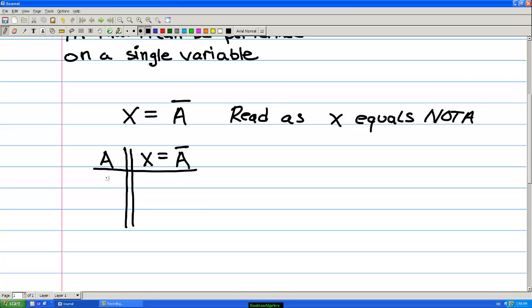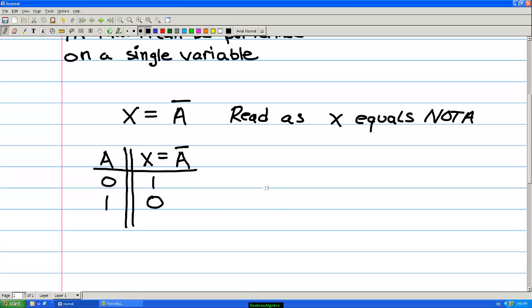So in the case where A equals 0, X will equal 1. And in the case where A is equal to 1, X will equal 0. So X will be the opposite of A.